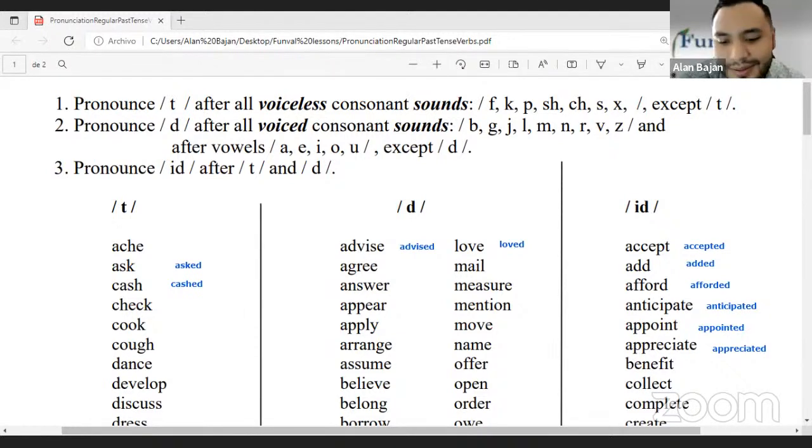Yes, my friend. But I think the ones in the last column, sorry, the ID ones, maybe the sound is different because ed in Spanish sounds ed, not it.